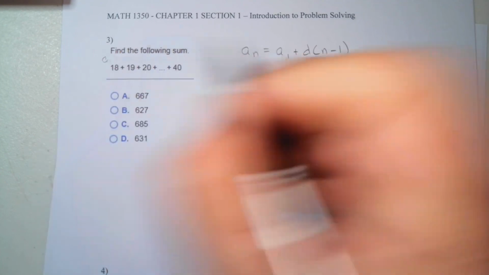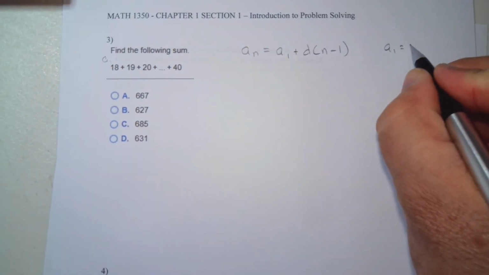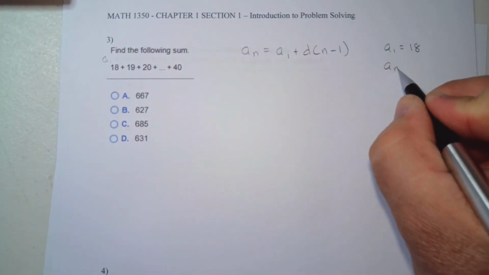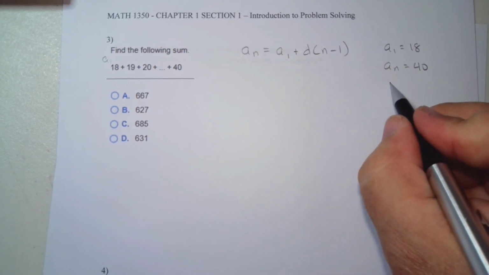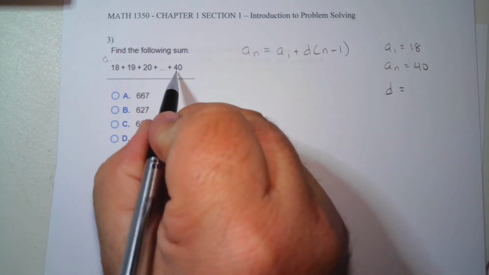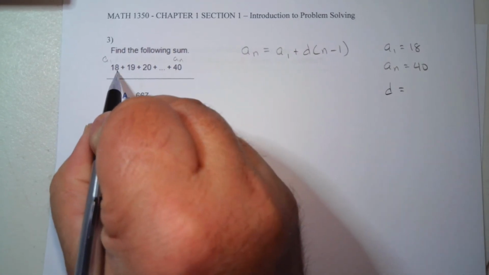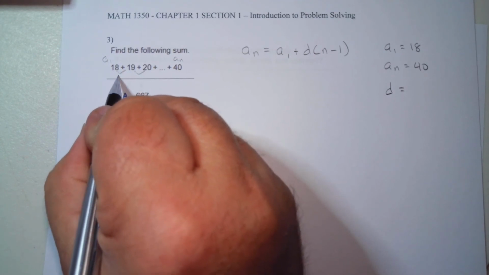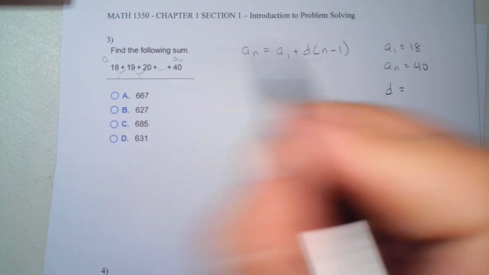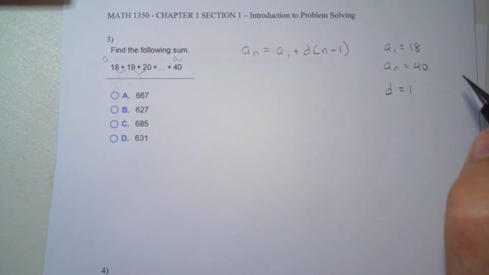A1's the first term, which is 18. AN is the last term, which is 40. The difference, how far are these numbers apart? 19 minus 18 is 1. 20 minus 19 is 1. So the difference is 1.